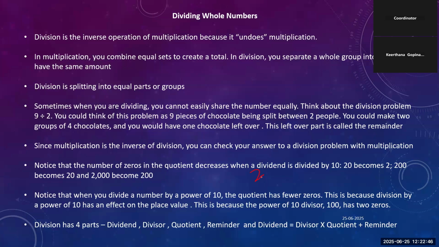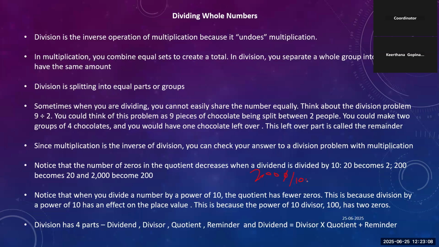If it is 2000, imagine 2000 is divided by 10. You cancel one 0. The answer is 200. Correct.